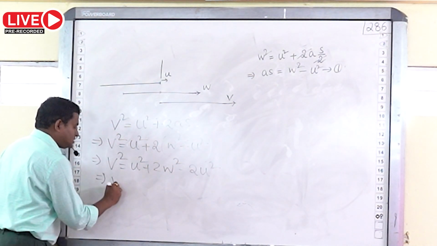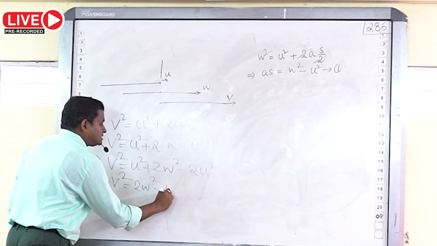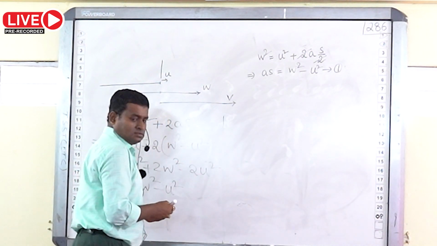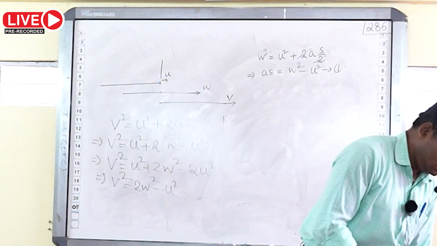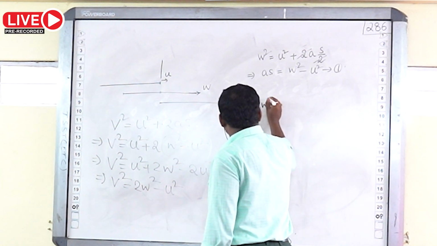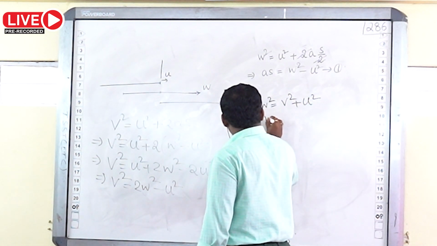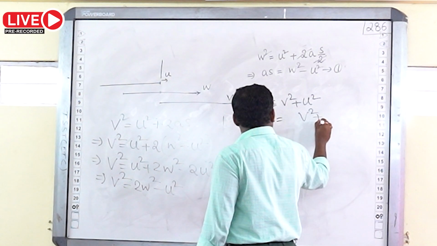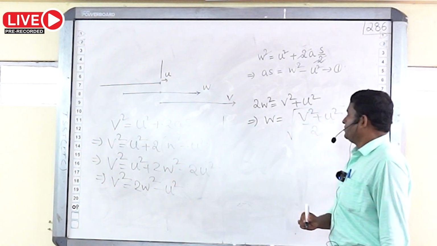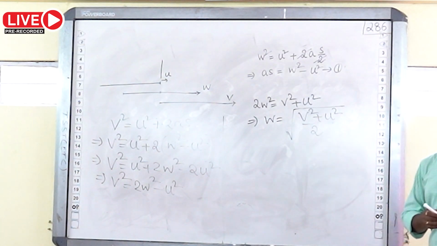So we can write v square equal to 2w square minus u square, and then we can write w square equal to v square plus u square by 2, then w will be equal to square root of v square plus u square by 2. This is the answer.